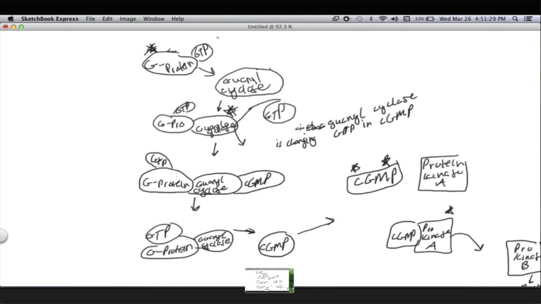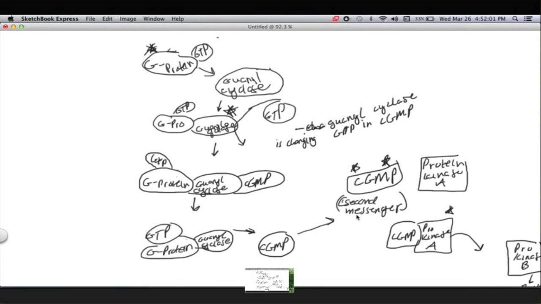Now, one thing you probably want to mention for full credit in an essay answer is that the cyclic GMP is a second messenger. I think that's a term they want you to mention. So you can make a note down there that the cGMP is a second messenger. Also worth mentioning is that each guanyl cyclase will probably create hundreds of cGMPs.